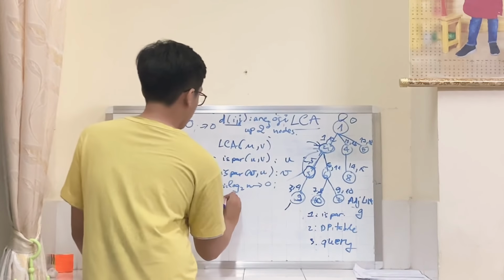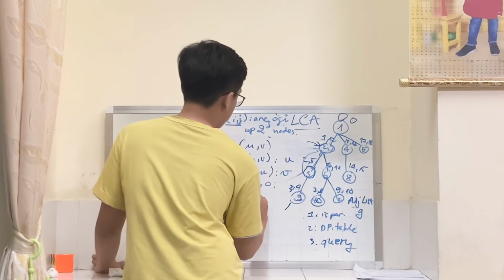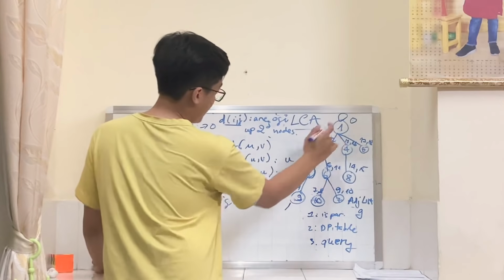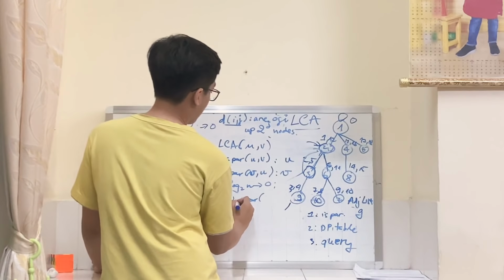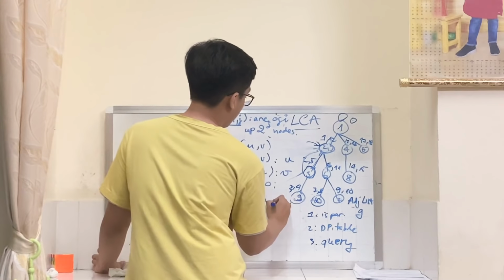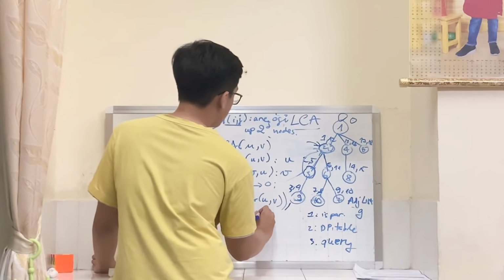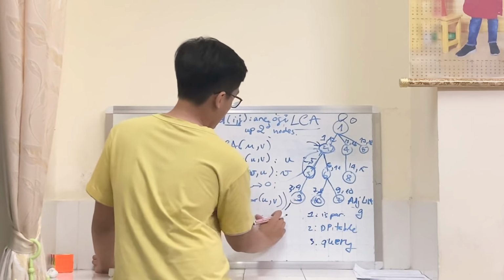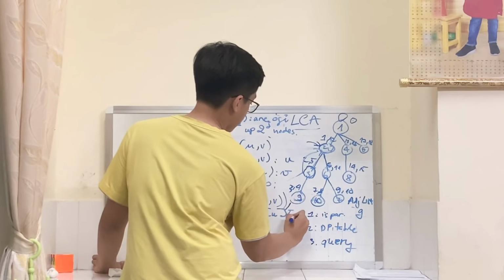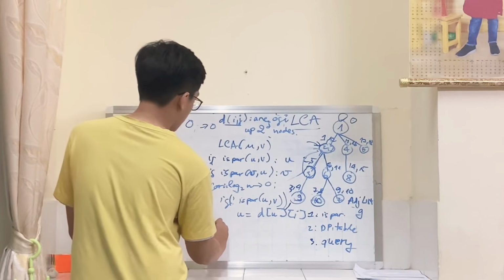And if it's not a parent of the node, I will choose to jump node v. So if u is not a parent of v, I'll update u equal to up[u][i], and then return.